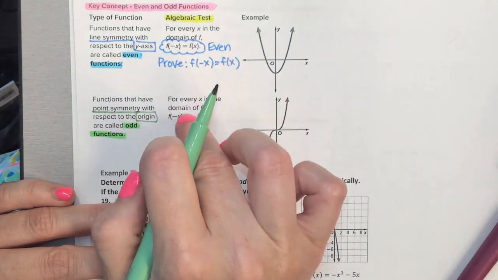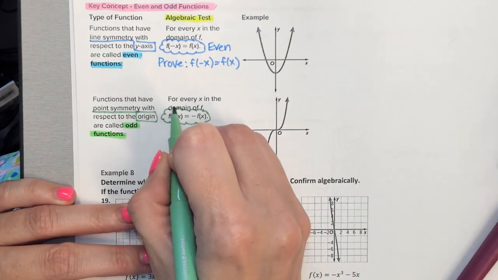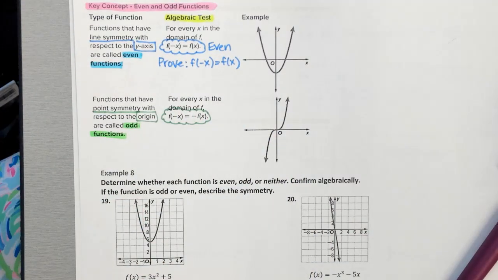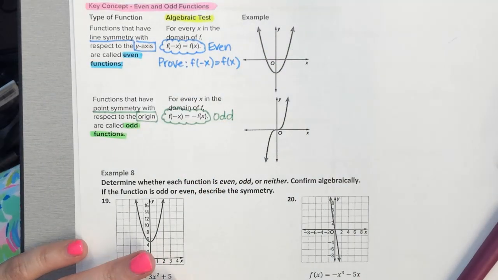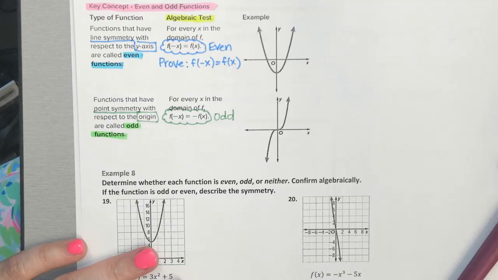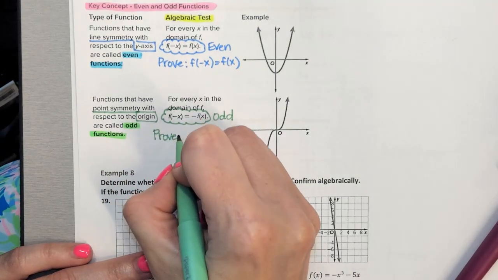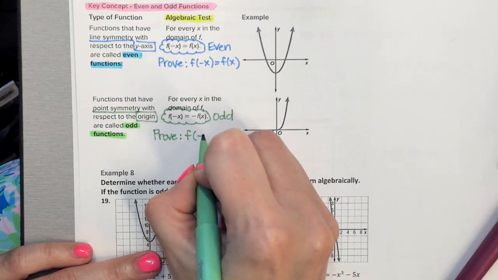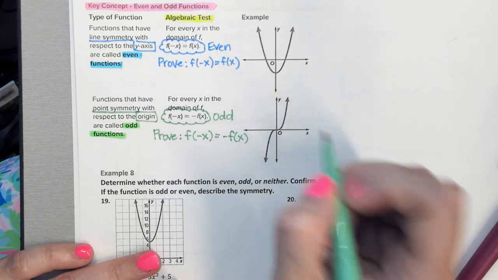And the algebraic test is f of negative x is going to equal negative f of x. Okay, so if it is odd, we have to prove this statement. You have to prove f of negative x equals negative f of x.